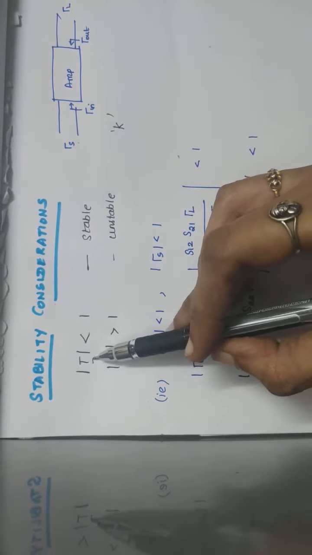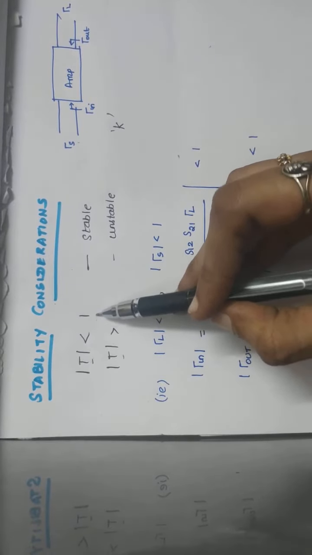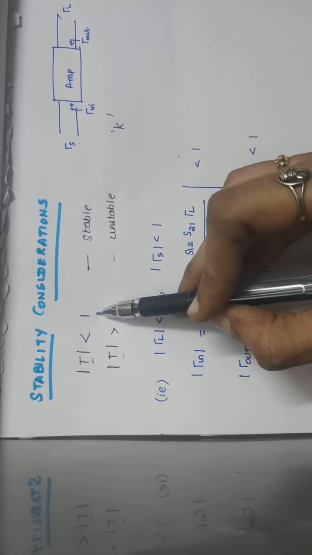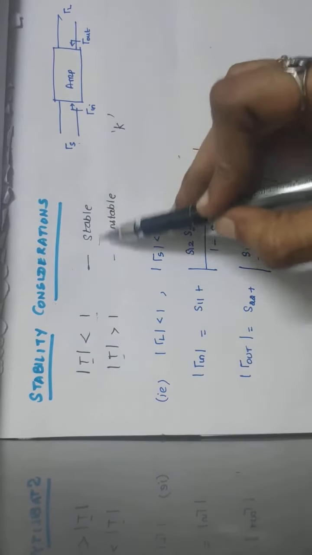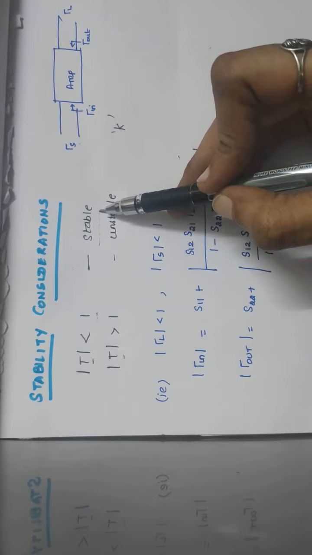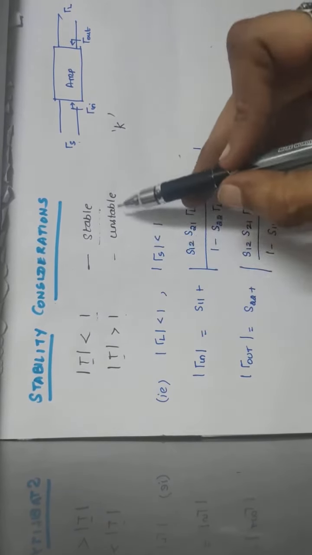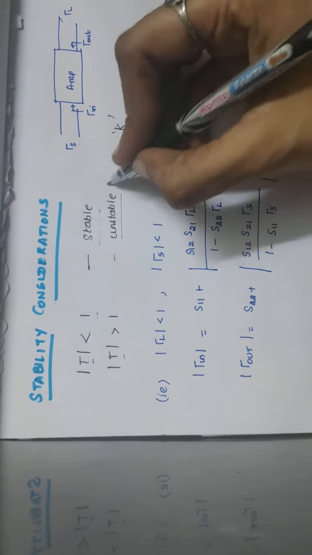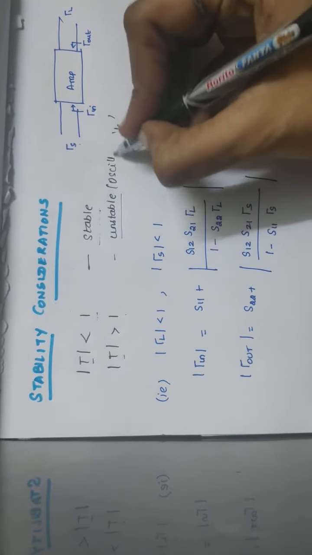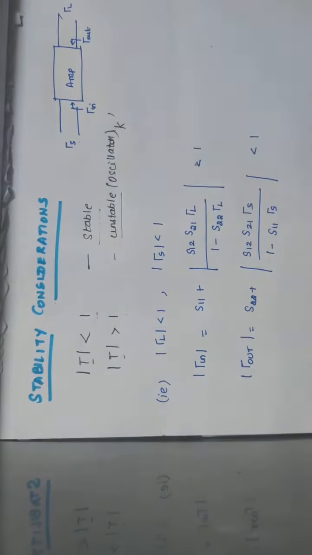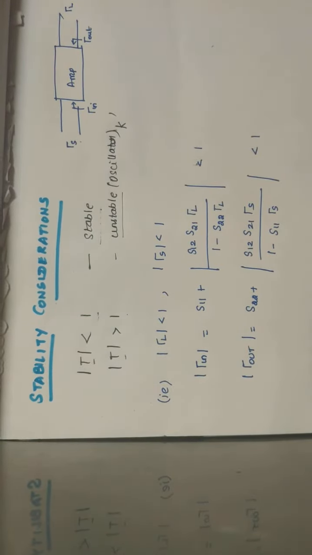When the reflection coefficient is less than 1, there are no oscillations or noises present, and therefore it is considered stable. But if the reflection coefficient becomes greater than 1, the amplifier becomes unstable, starts to act as an oscillator, and no more behaves as an amplifier.